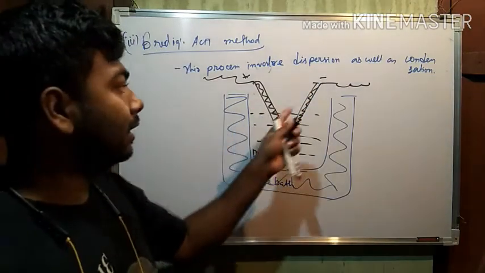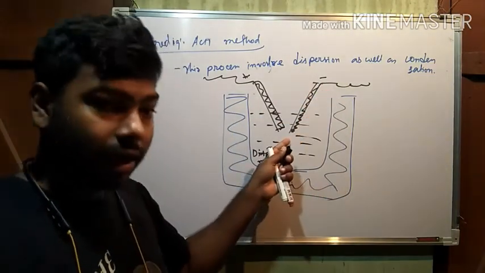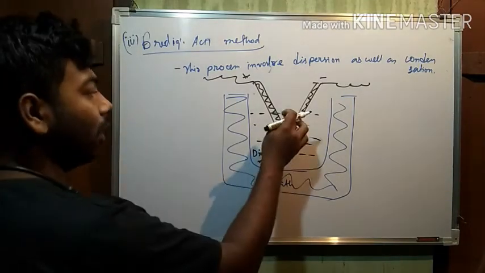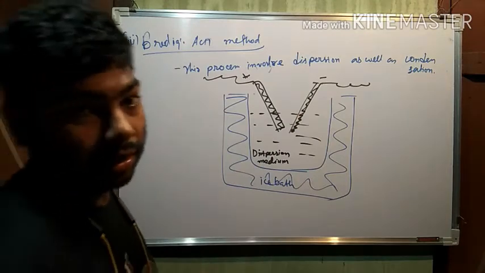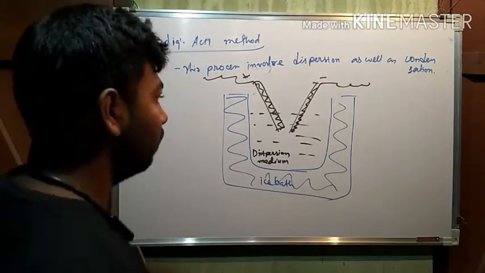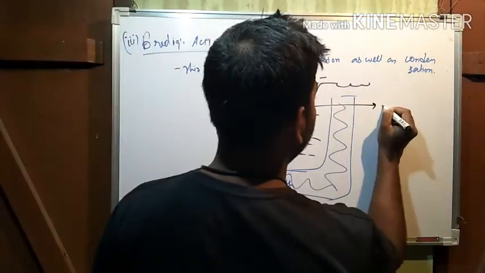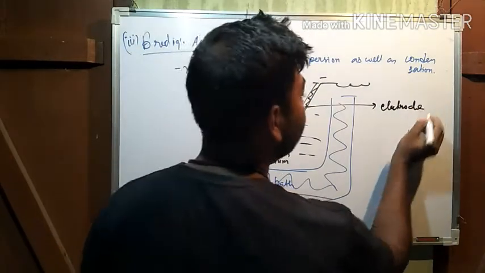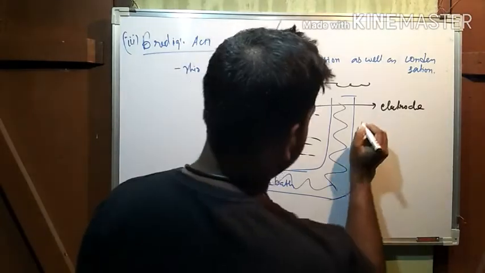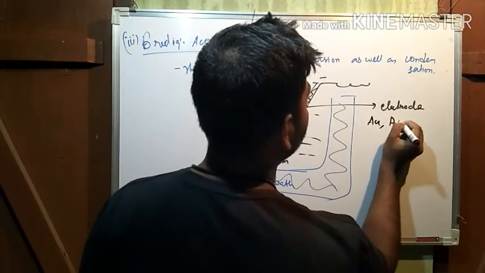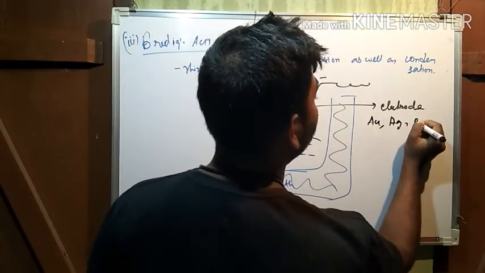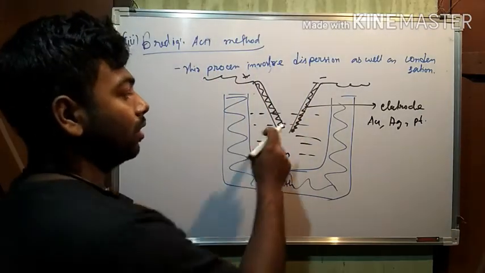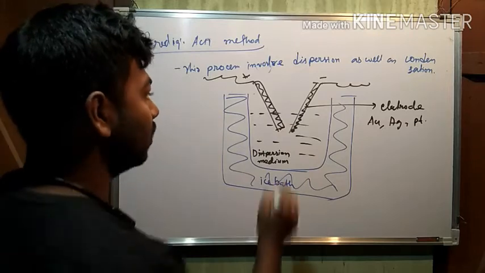When we apply the electrical spark in here, vaporization of this metal takes place. These are electrodes. This electrode is mainly made up of gold, silver, platinum, etc. The vaporized metal ions come this way.